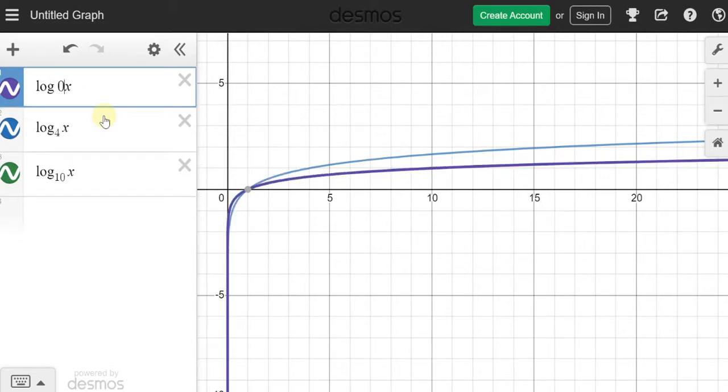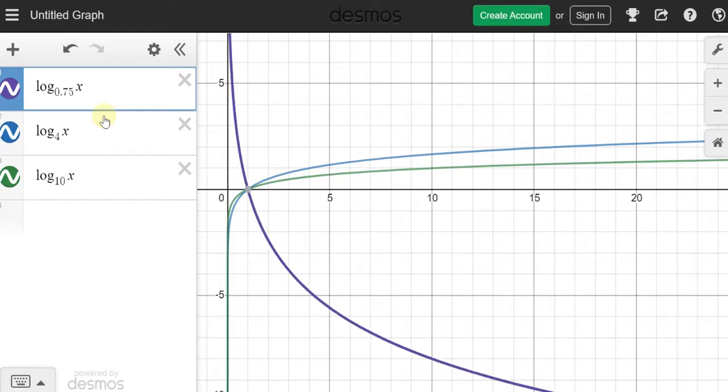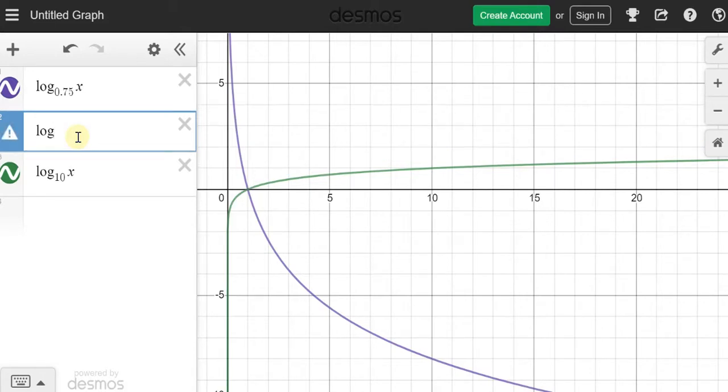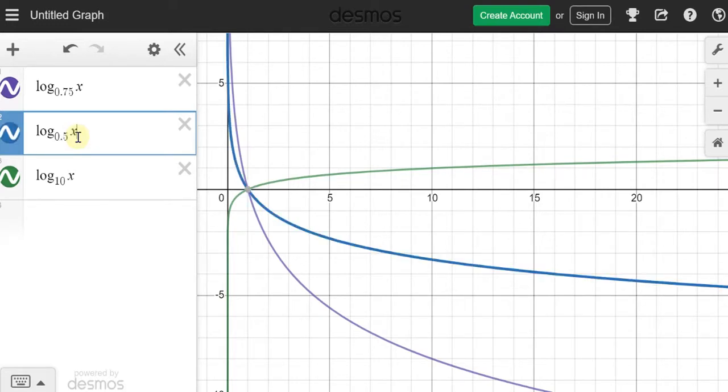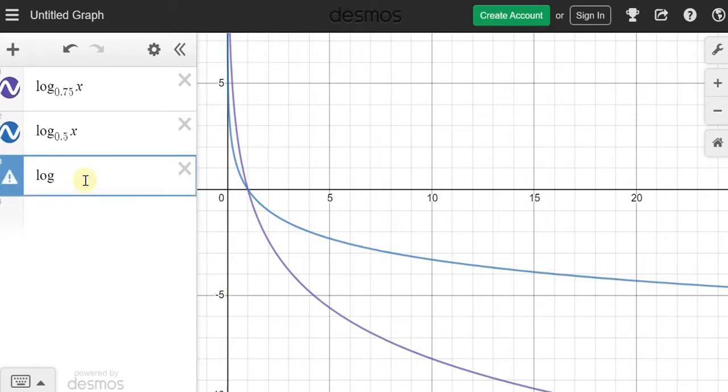Shift minus, 0.75. That's 3/4. Instead of log base 4, let me go base 1/2 now. That's 0.5 of x. And then we're going to go log base 1/4. And that's 0.25 of x.